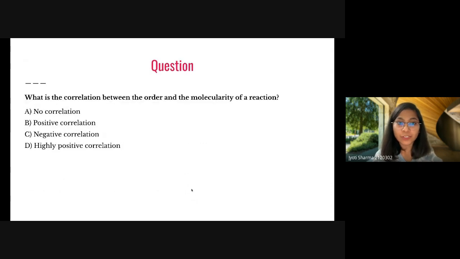Let's have the first question. My first question is, what is the correlation between the order and the molecularity of the reaction? You people can give me the answer in the chat box.